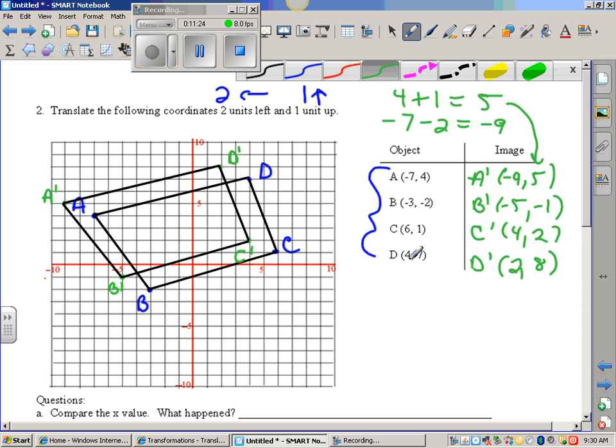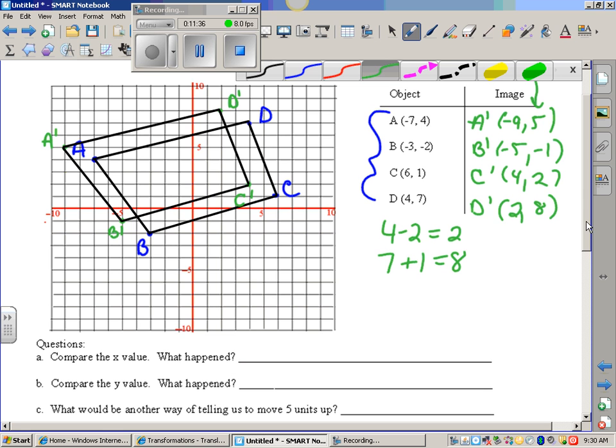Quick check. Take your x value, 4. Subtract 2. That gave you 2. So far, so good. Take your y value, 7. Add 1 to it, and it gives you 8. Nice little check to make sure that we did it okay. Compare the x values again. The x values this time, because we didn't just go up and down like the first example, we moved to the left.